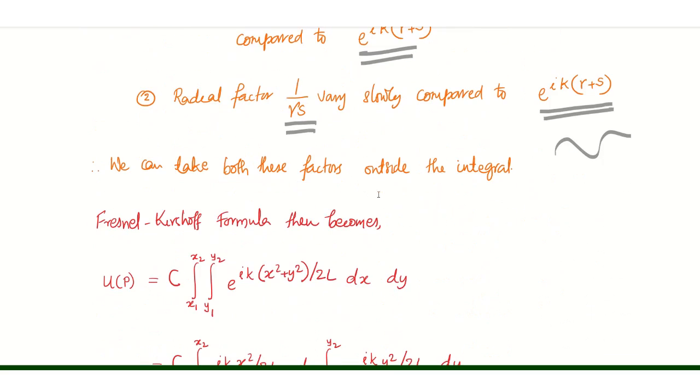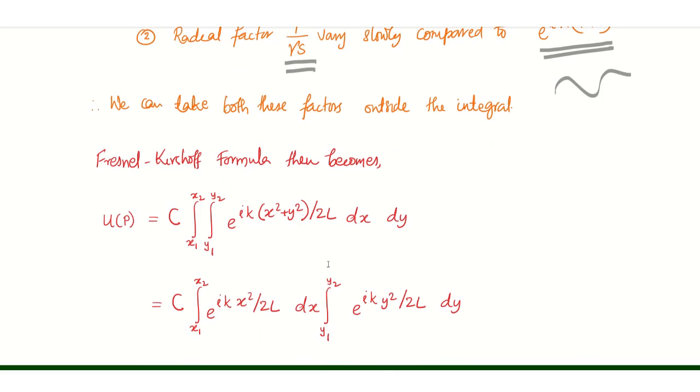If you do that, then the Fresnel formula becomes simpler, because all the above constants are accumulated here as a constant c, and you integrate from x1 to x2, where x1, y1 is the coordinate for the rectangular aperture here, and this is x2, y2 for this one.